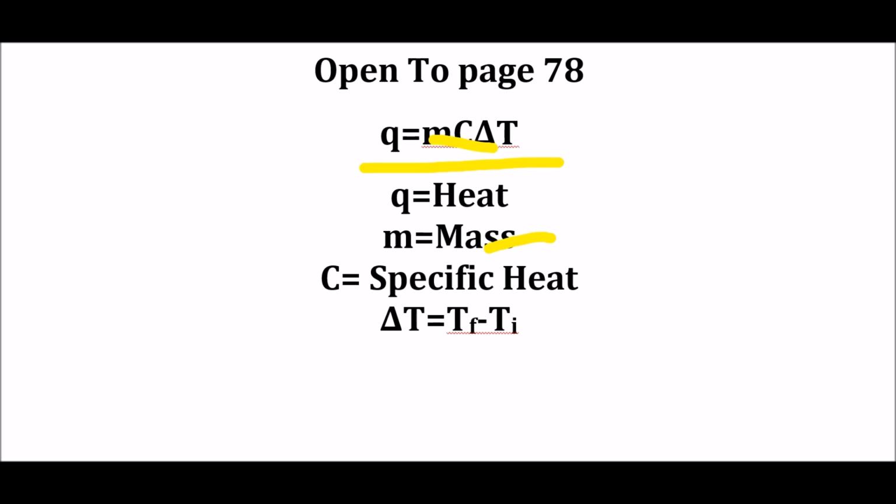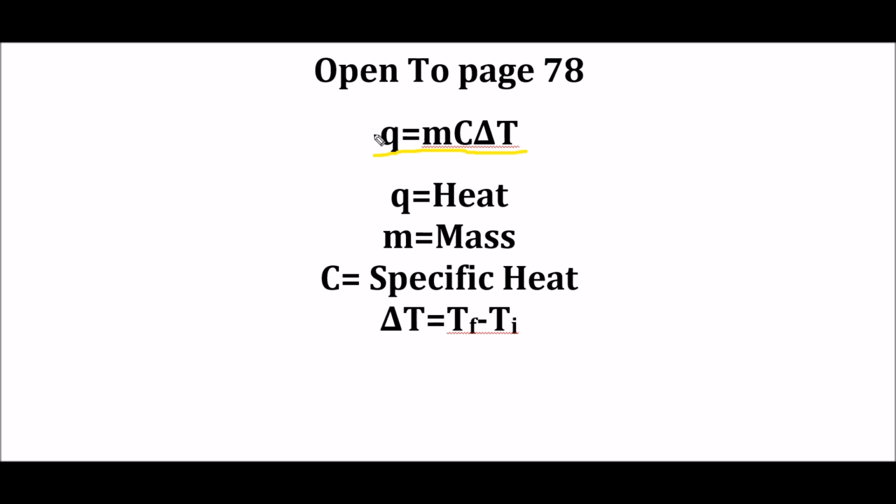Now, the first thing I want to do is talk about what we've learned up to this point, and part of what we've learned is this equation right here, which is Q equals mc delta T. And just a brief reminder, Q is heat energy that is absorbed or released from either a chemical reaction or a substance gaining or losing heat energy, thermal energy, which affects its temperature.